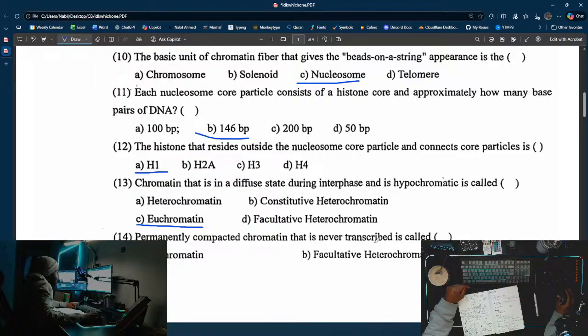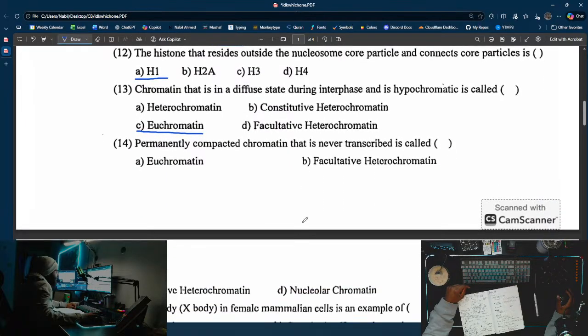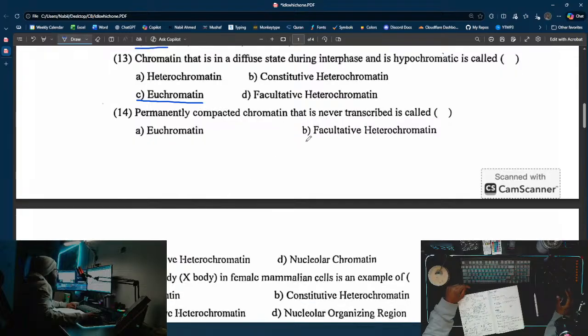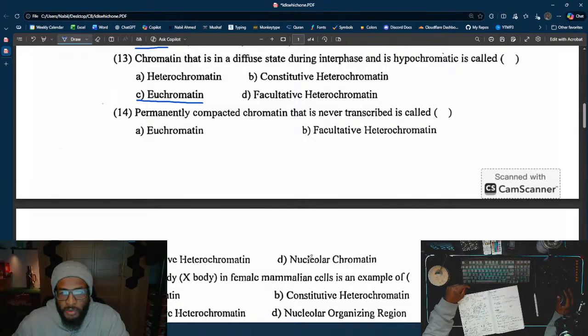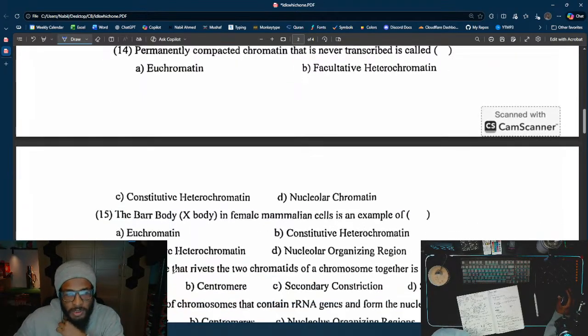Permanently compact chromatin that is never transcribed is constitutive heterochromatin. The Barr body is an example of facultative heterochromatin.